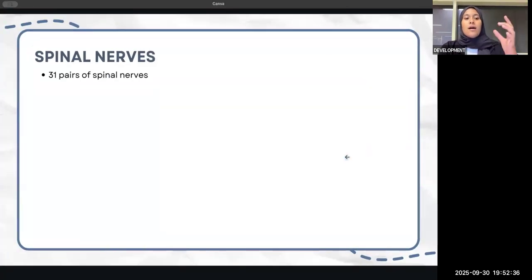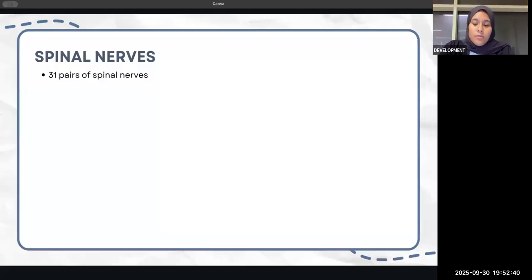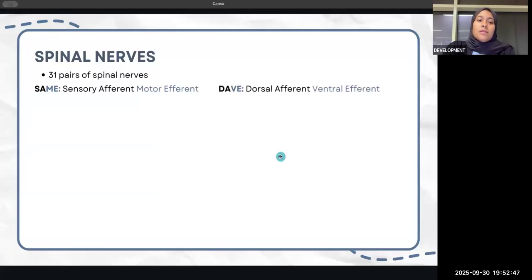Now, let's get into the actual spinal nerves. You have 31 pairs of spinal nerves, okay? And the way that we like to memorize it is SAME DAVE. Sensory afferent, motor efferent. So sensory nerves are afferent. Someone hits you, you get the signal towards your CNS.